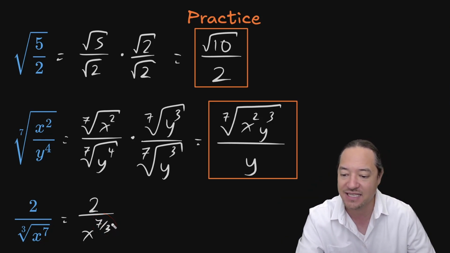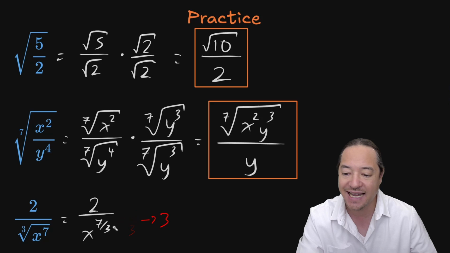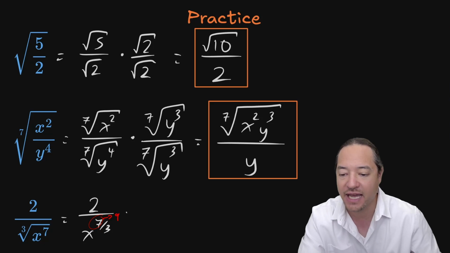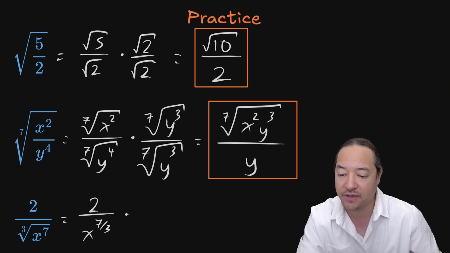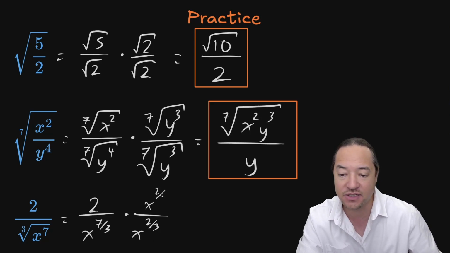So if I can make this instead of 7 over 3, if I can convert that to 9 over 3, well then that'll just simplify to 3, right? So basically I need to get this 7 and make it into a 9. That's my goal. So to do that, I'm going to have to multiply this by x to the 2/3, right? So top and bottom, x to the 2/3.